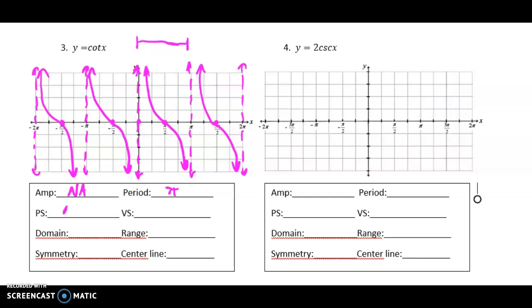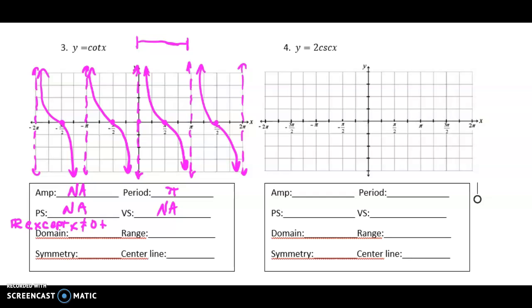The phase shift: this one didn't have one, nor did it have a vertical shift. The domain, again, is a little tricky. We say all reals except where we have those vertical asymptotes. So x cannot equal 0.